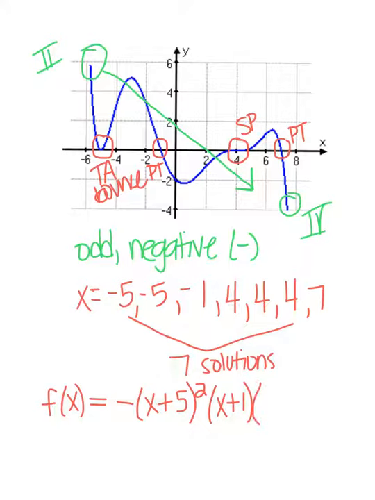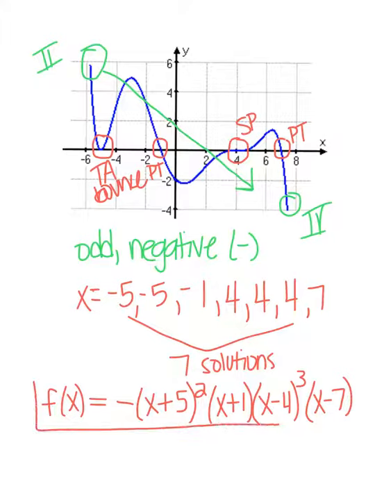I have x minus 4 as my next factor, since I have a root of +4. There are 3 of them, so I cube it. And finally, I have one solution of +7, which gives me a factor of x minus 7. And again, there's only 1 of them, so I just leave the exponent at 1. And so this would be an example of what this function's equation could be. And I'm done.